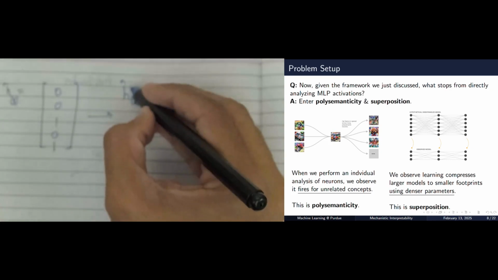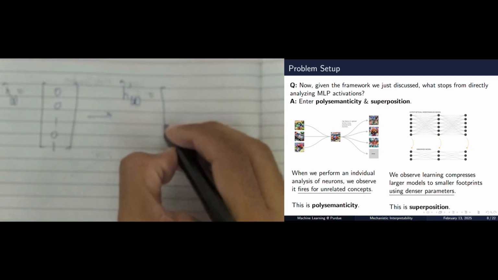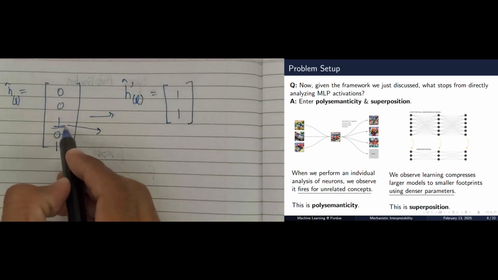So the idea behind superposition is that I can represent something that is very sparse with something that is smaller and much denser, right? And polysemanticity is this individual element within this vector firing for two different things.